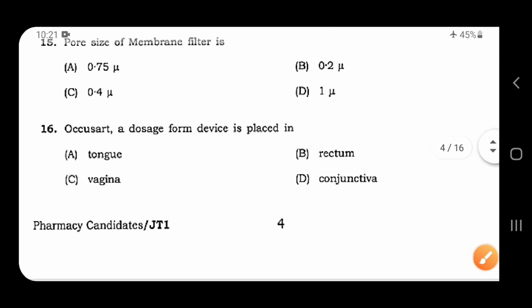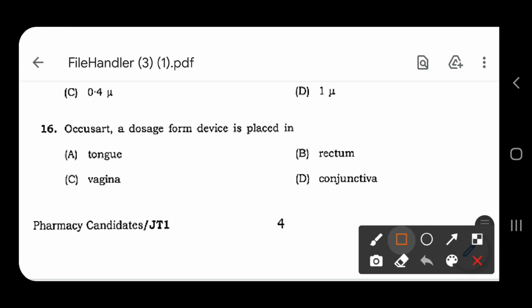Next is question number 16. Ocusert, a dosage form device, is placed in tongue, rectum, vagina, conjunctiva. The correct answer is conjunctiva. Ocusert is placed in conjunctiva.